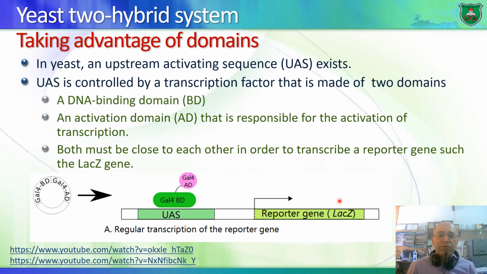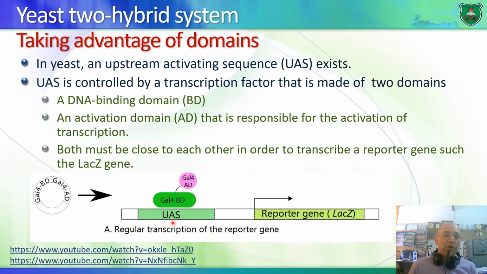The reporter gene is the LacZ gene, the same one we talked about before in bacteria, that produces the beta-galactosidase enzyme that cleaves lactose. It is a reporter gene, meaning that it gives a signal, an indication of its activity, whether it exists or not, and how much of it exists in a cell.